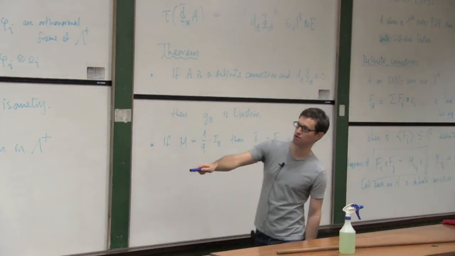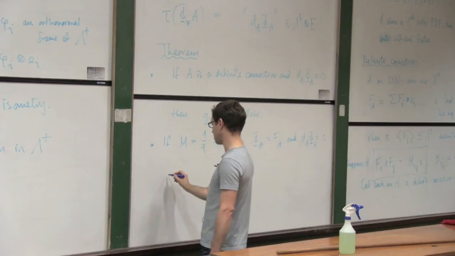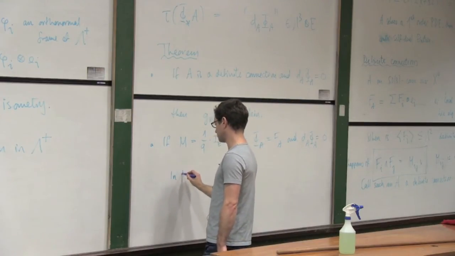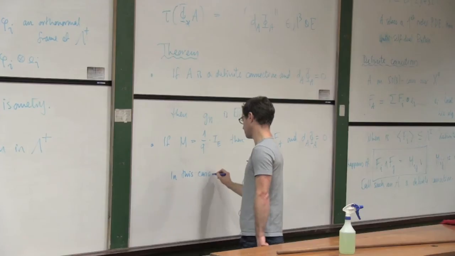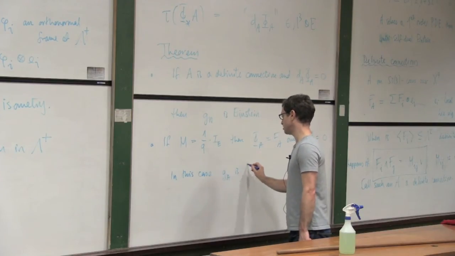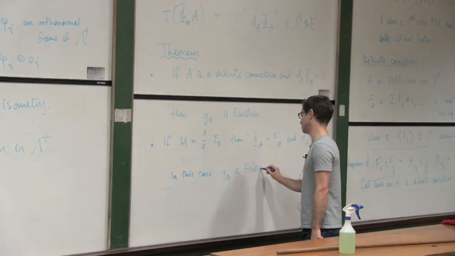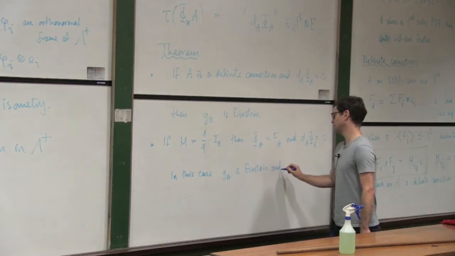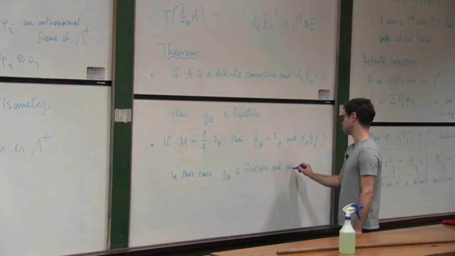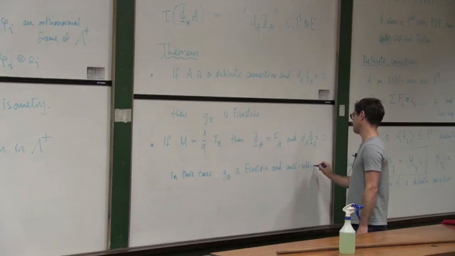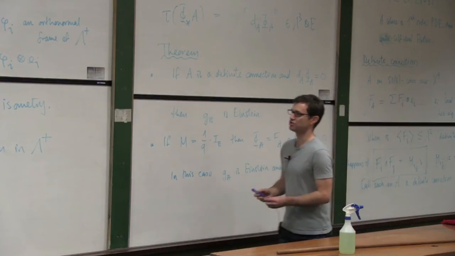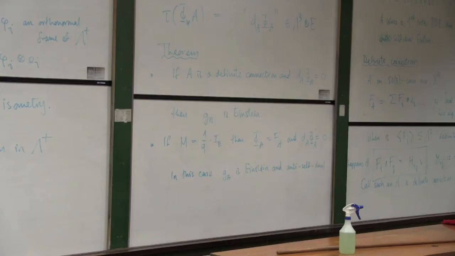But if you trace back through everything that I said over here, this actually implies, so in this case, g_A is Einstein, and it's also what's called anti-self-dual. So I've just realized how bad my notation is. What does it mean?